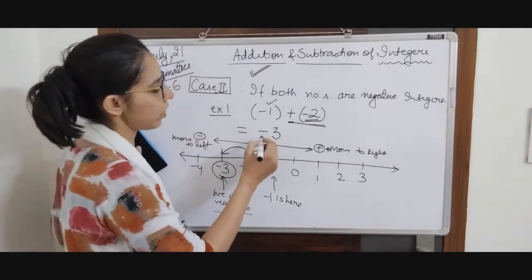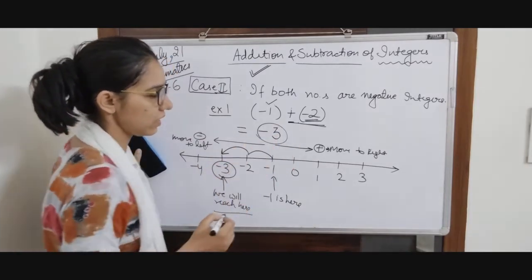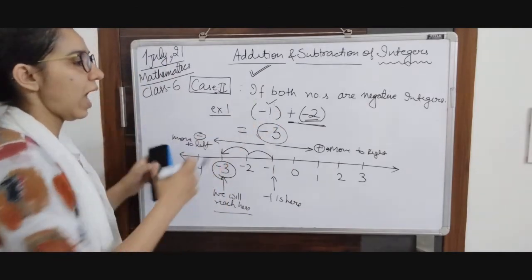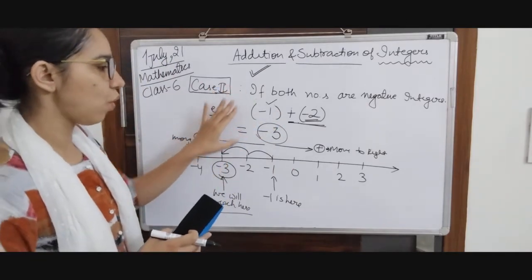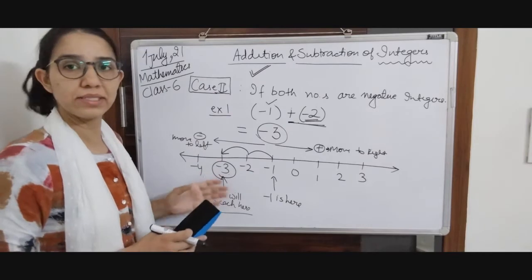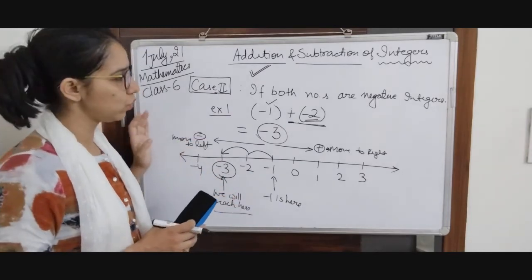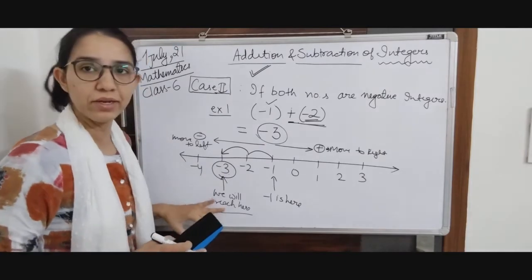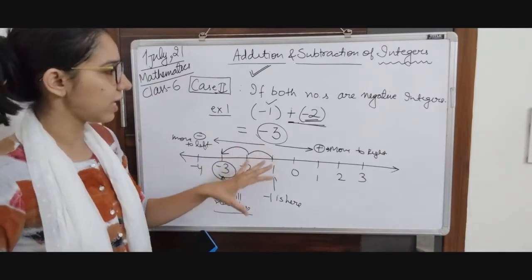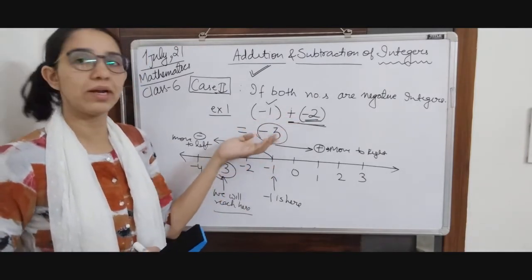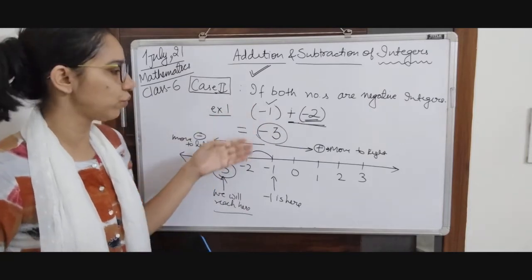And what we got here? Minus 3. So we can do either by this rule or by number line. We will get the same answer. If it is asked of you that do this addition using number line, you will do like this. And if it is asked that you have to solve directly, you will use this rule.